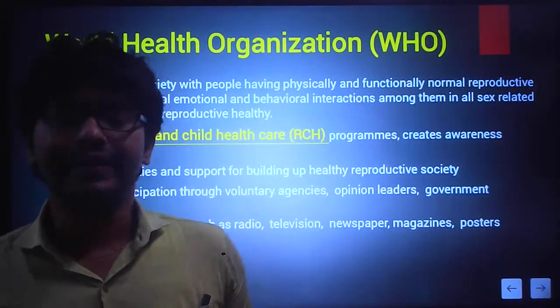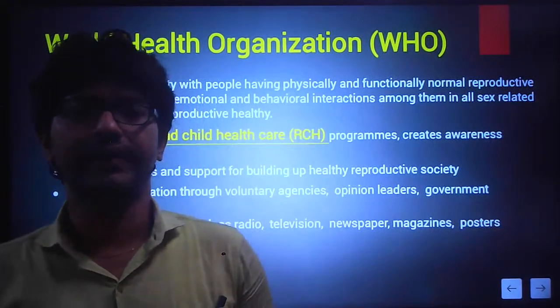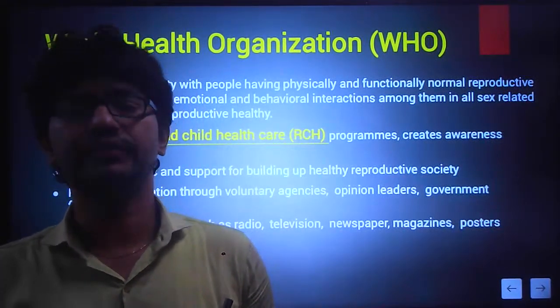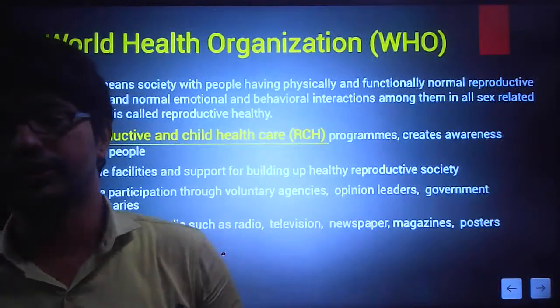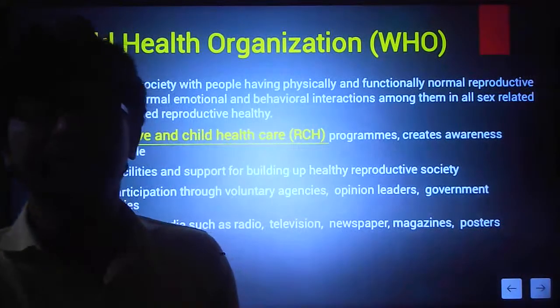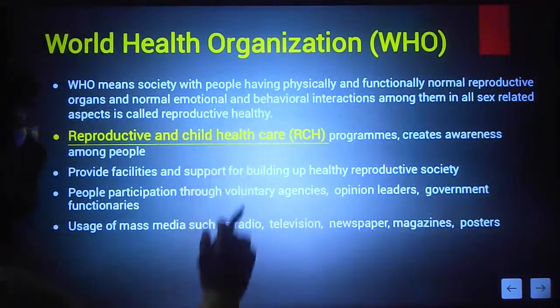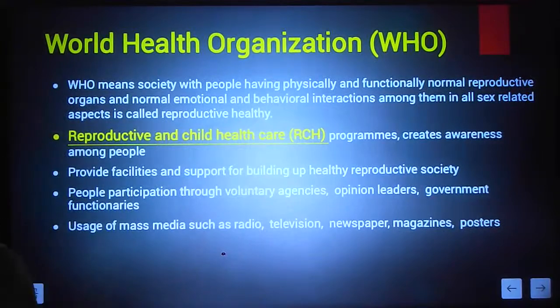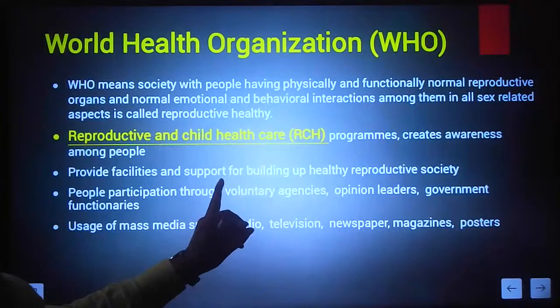Another one may be on barrier or sterilization techniques, physical barriers or artificial techniques. From these areas, or even from RCH, you get two to three questions, especially from this chapter. So two to three questions you can expect from this.